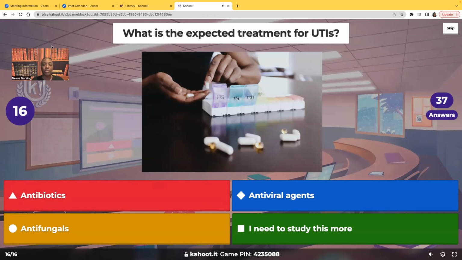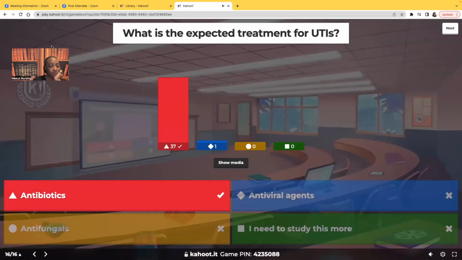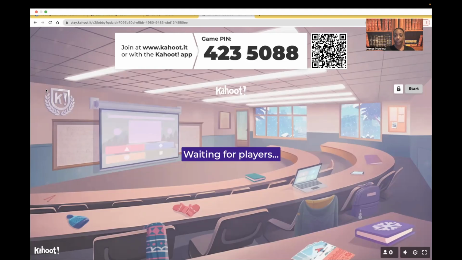What's expected treatment for urinary tract infections? Awesome. Antibiotics, because usually the UTIs are of a bacterial nature.